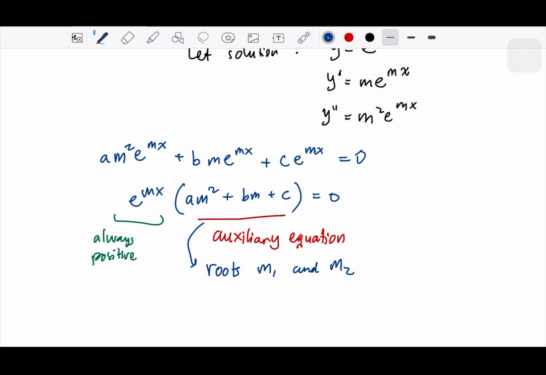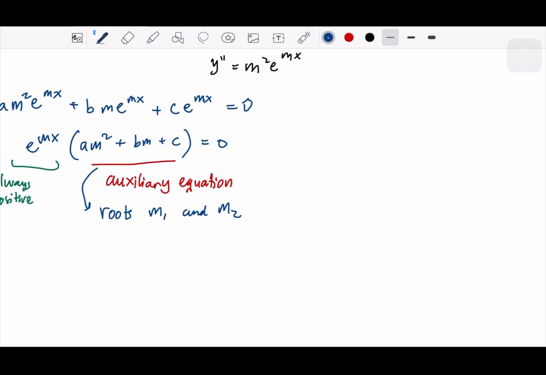Okay. Let me write the quadratic formula. Now the part under the square root will be identifying our roots, whether they are real, imaginary, complex, or we are going to have it equal to 0.